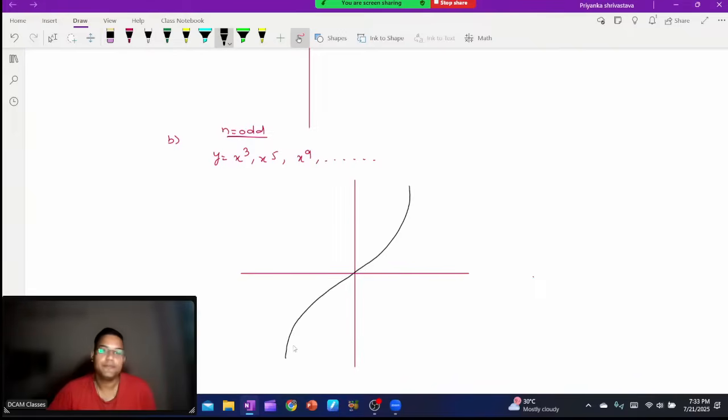Tell me the same way. If this is x cube, if I keep on increasing the power, x power 5, x power 9, how will it go? Will it go leftward towards the y-axis or away?